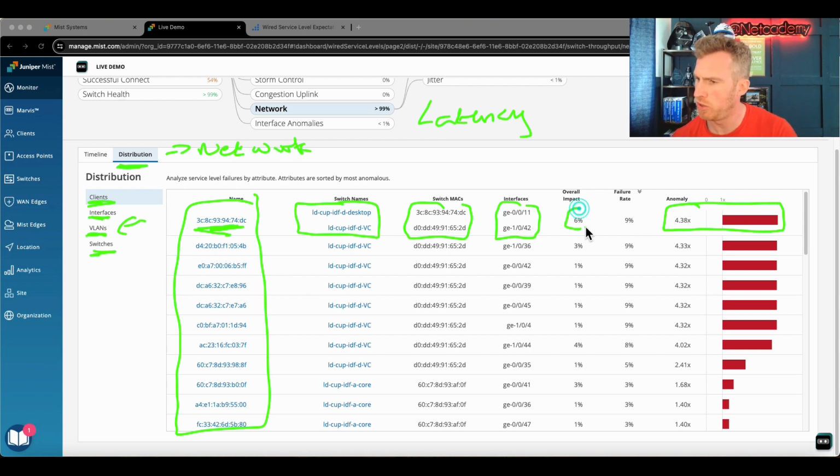And it's contributing to 6% of the overall failure to meet that SLE. The big thing to look at here is the anomaly. If it's anything like this number, 4.38, that means the anomaly is getting bigger and has impacted the user's experience a lot more over that time.